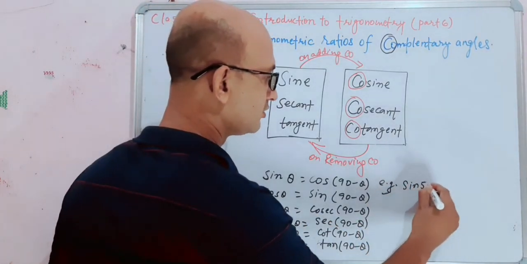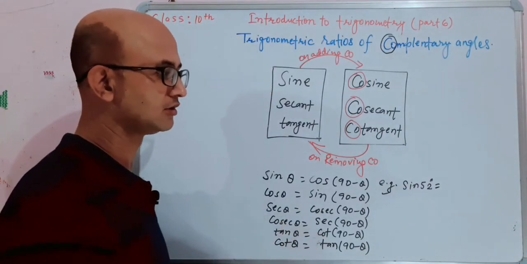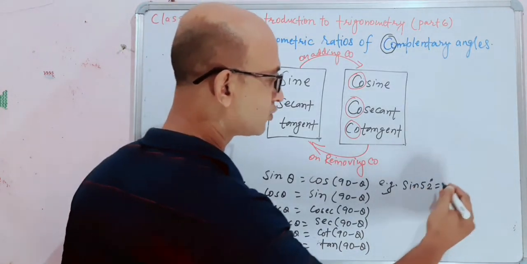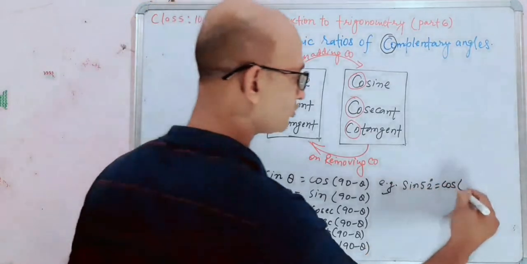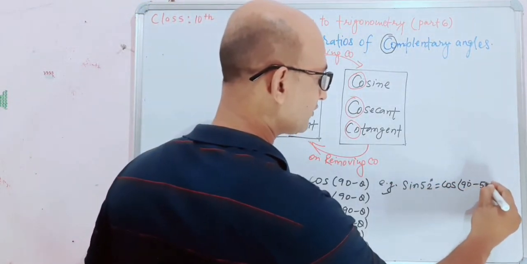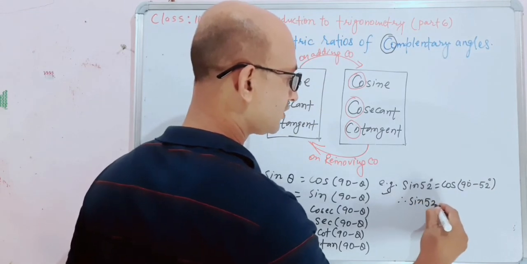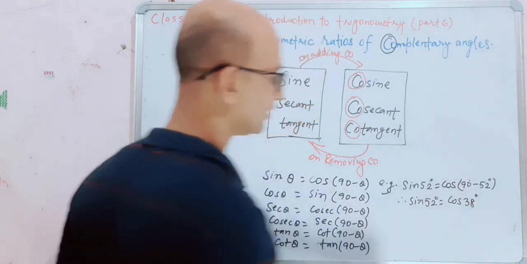Let us see one example. For example, if we have to find complementary of sine 52 degree, how do we find? Complementary of sine is cosine, that is cos, and complementary of 52 is 90 minus 52 degree. Therefore, we can say that sine 52 degree equals cos 38 degree.